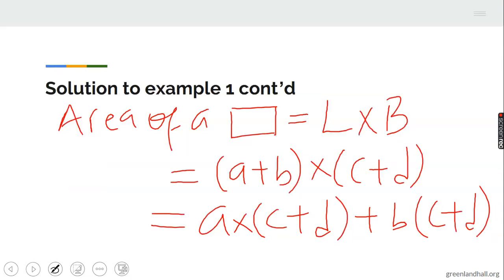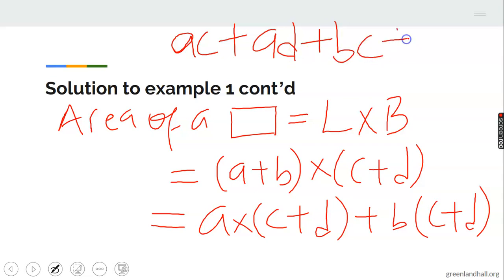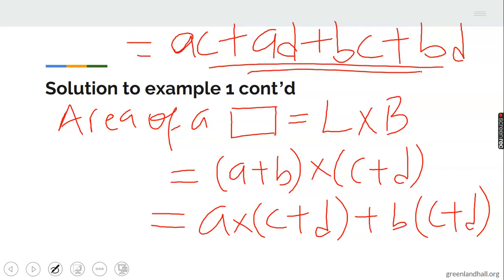Now, I'm going to do the final solving here so you can cross-check through your note. A multiplied by C will give us AC, plus A multiplied by D will give us AD, plus B multiplied by C will give us BC. Then B multiplied by D will give us BD. This is the final answer. Please don't be confused, it's in centimeter square units, because we are dealing with area.